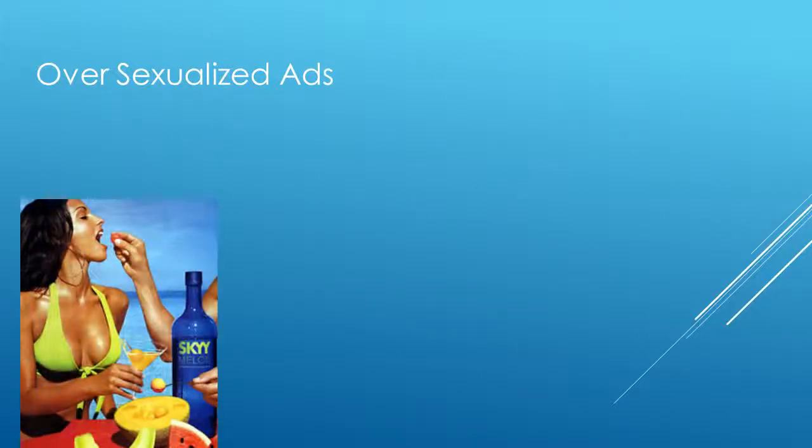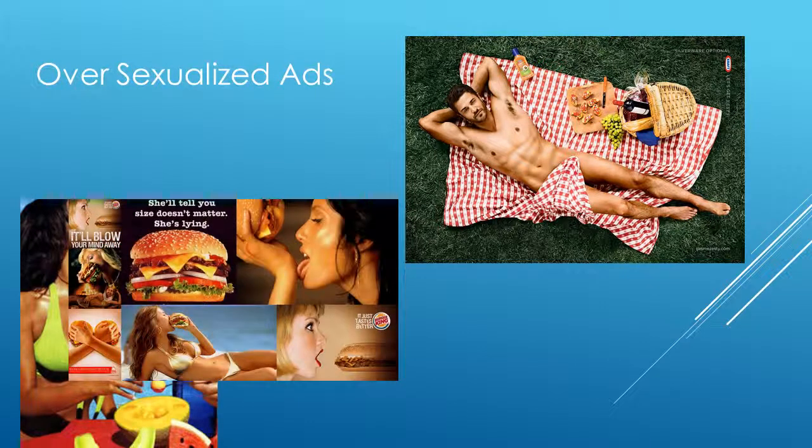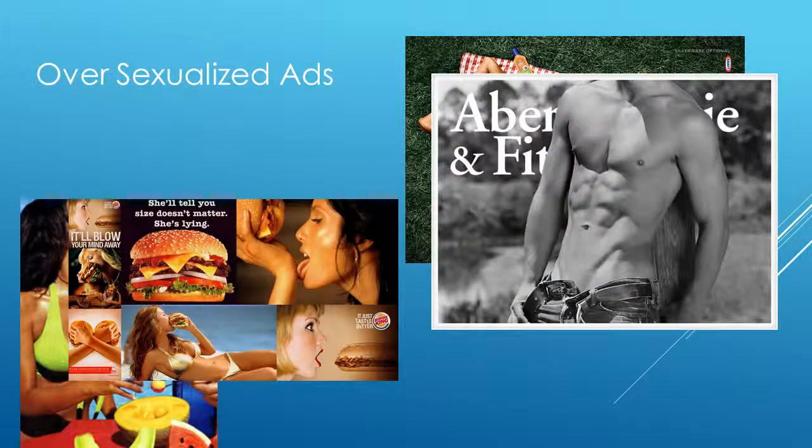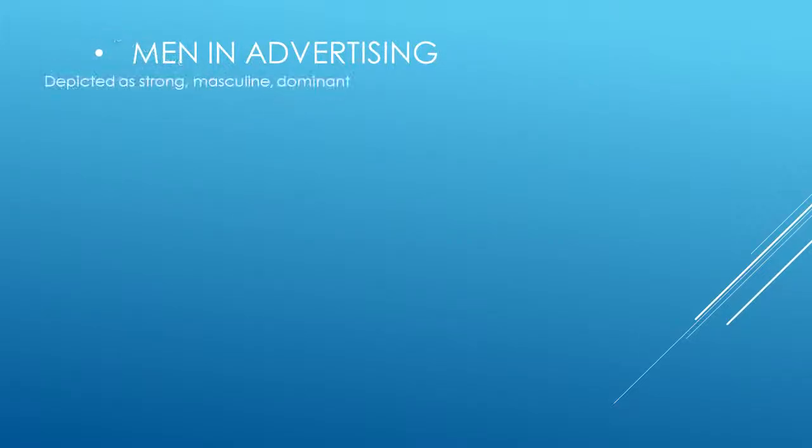As we grow up, the ads become a little bit more over-sexualized, with the models being very adult-like, with this alcohol ad, salad dressing ad, Burger King ad, clothing, beer, and toothpaste. Now, the men in advertisements are depicted as more strong, masculine, and dominant.